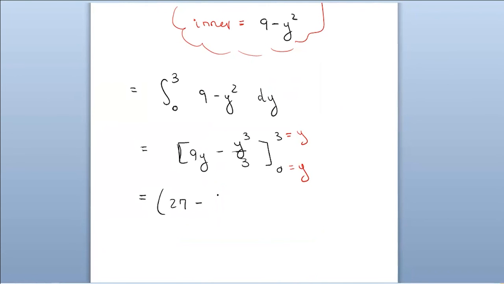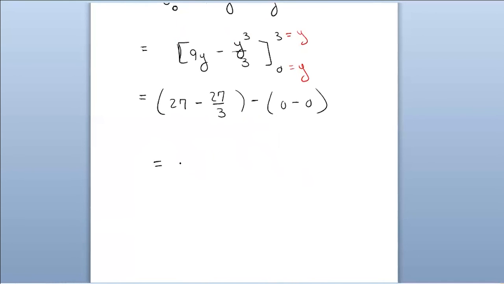And then I get 3 cubed, which is 27 over 3. Minus, then when I fill in 0, I get 0 minus 0. So I get 27 minus 27 over 3.